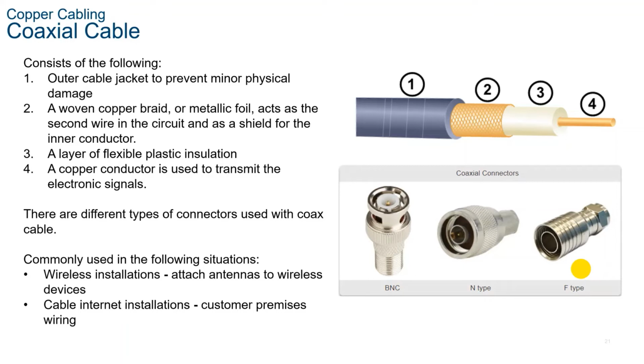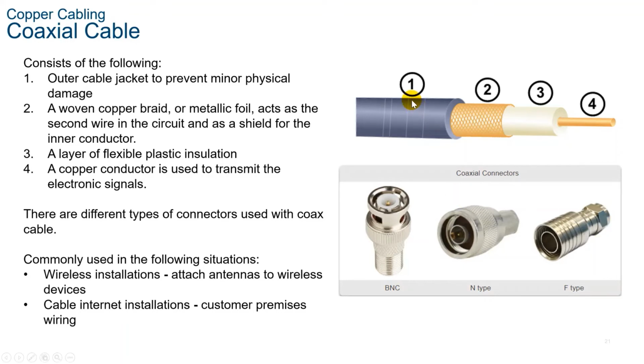Next is in cable internet installations. Cable service providers provide internet connectivity to their customers by replacing portions of the coaxial cable and supporting amplification elements with fiber optic cable. However, the wiring inside the customer's premises is still coaxial cable.